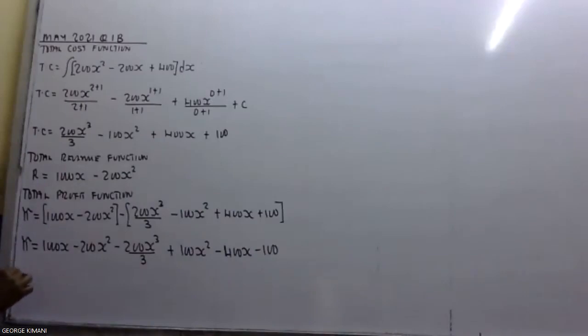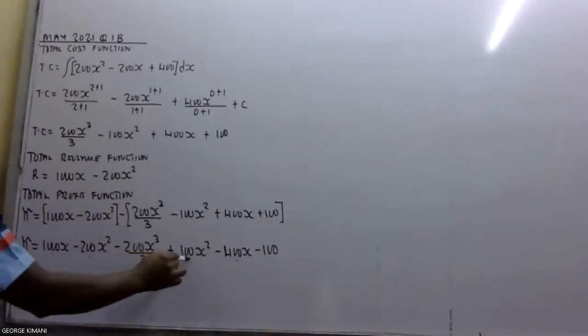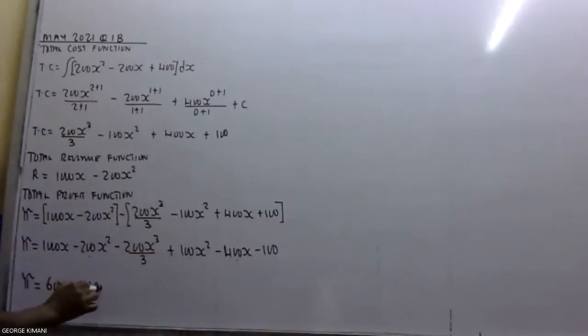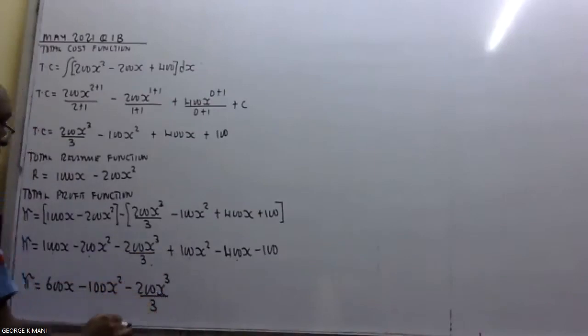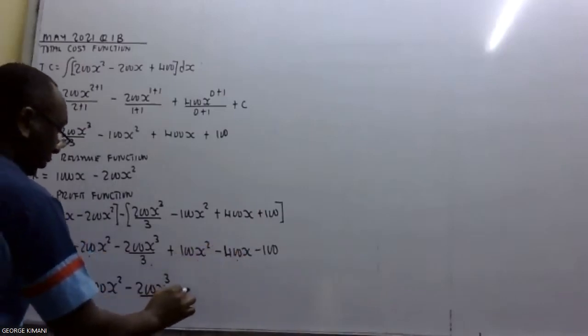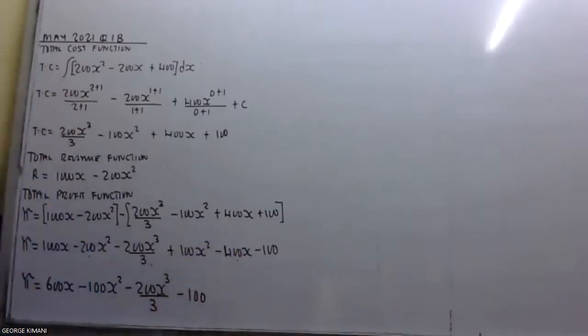So when you proceed and write like terms together, this 1000x joins this 400x, so that we are left with 600x. Then this minus 200x squared joins this 100x squared, so that we are left with minus 100x squared. This cubed term has no partner, so it remains just like this, and the 100 will remain. So that is the profit function.